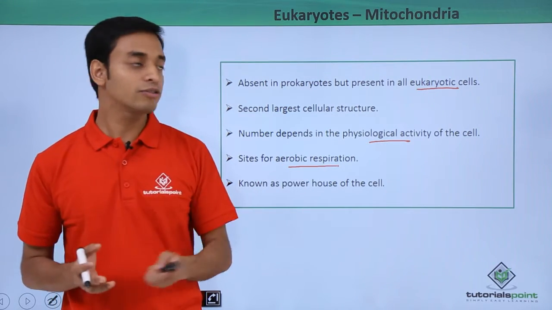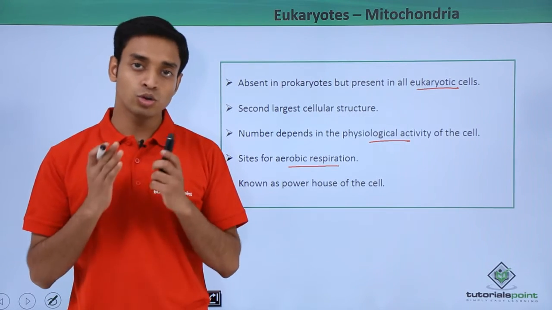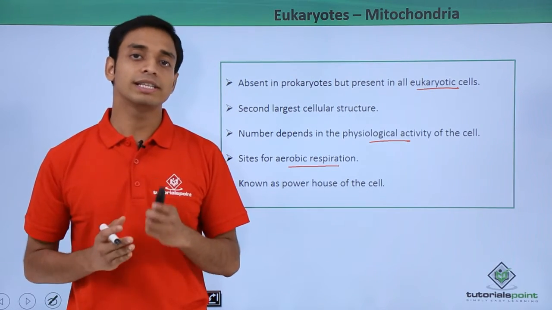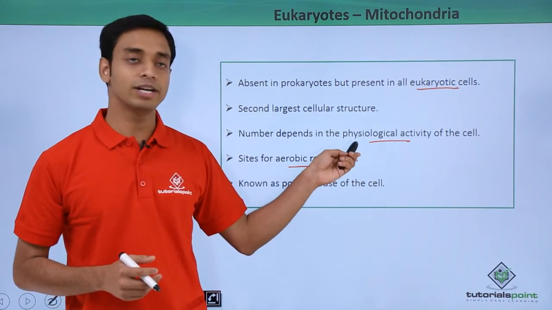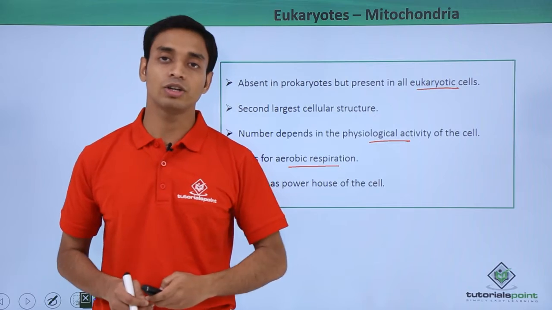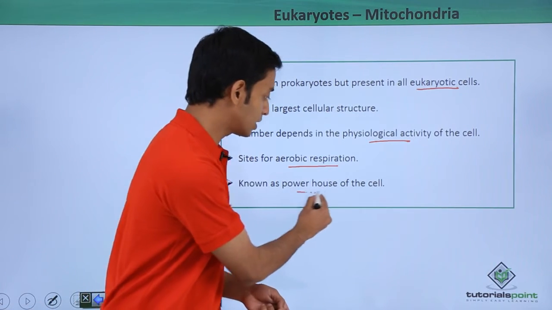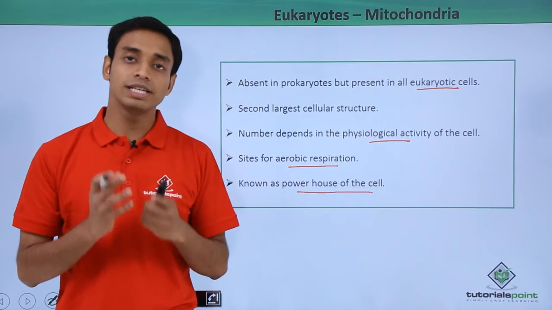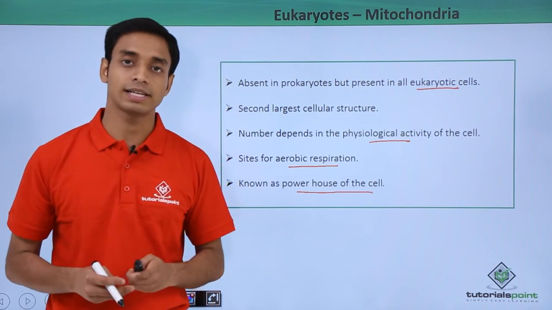Hence, the number of mitochondria present in these types of cells must also be high. So the number of mitochondria present inside a particular cell is specifically dependent on the physiological activity of the cell. So these are also known as the powerhouse of the cell. Very important. Why? Because these are the areas where the ATP or the energy molecules are synthesized.